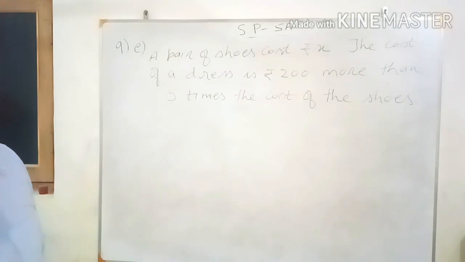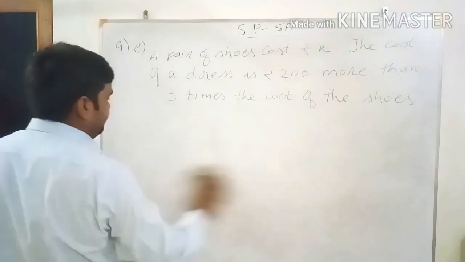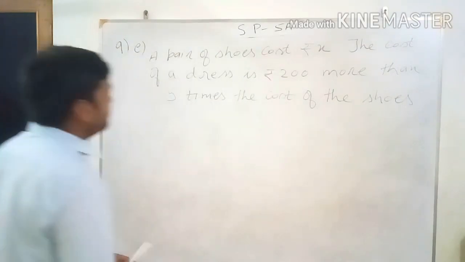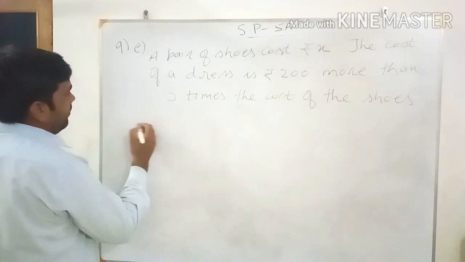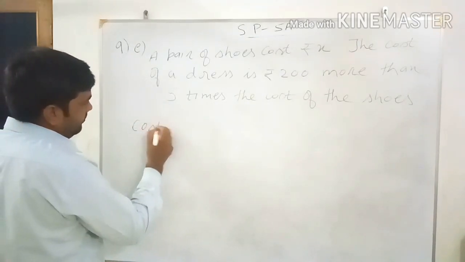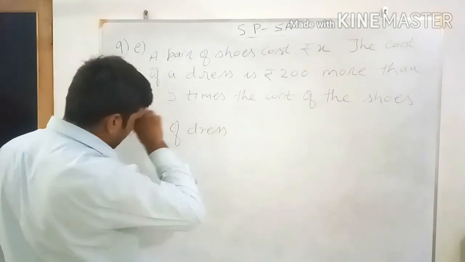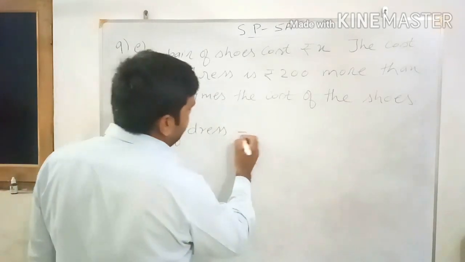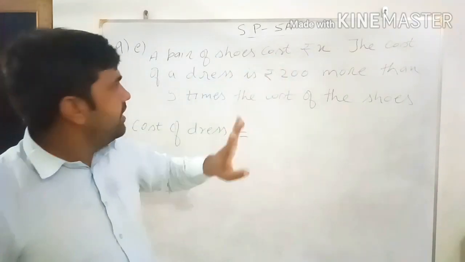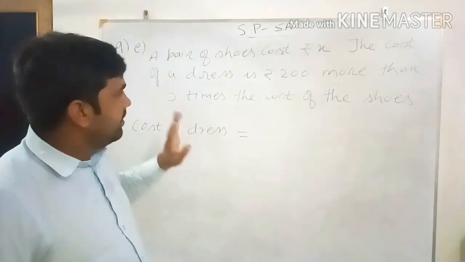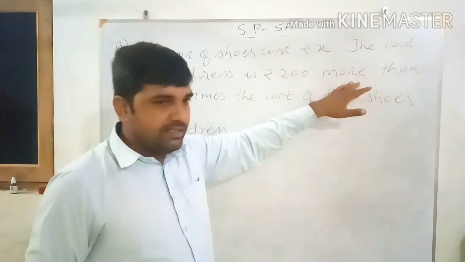Now see how we do this question. Cost of dress equals, according to the statement, cost of shoes is x and the cost of the dress is 200 more. 200 more means we have to add, more means plus.